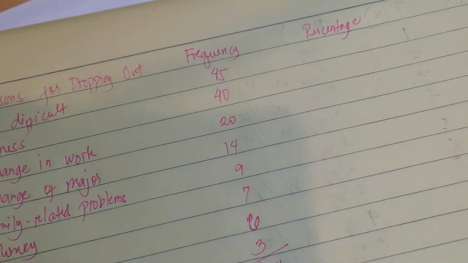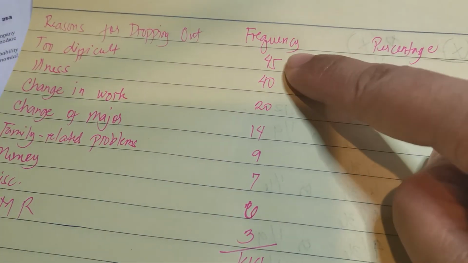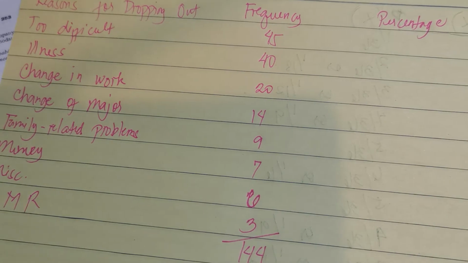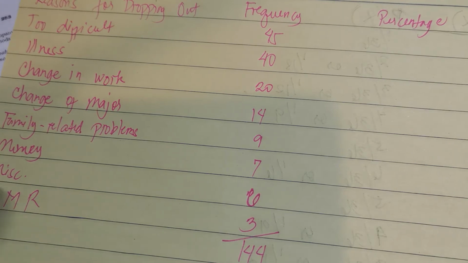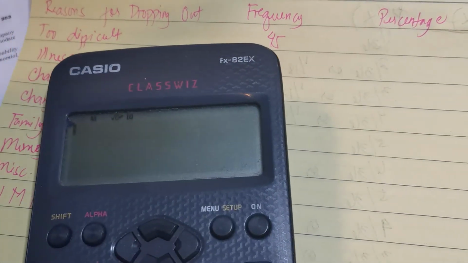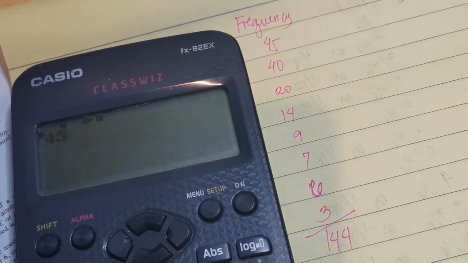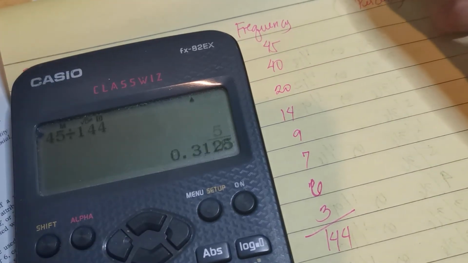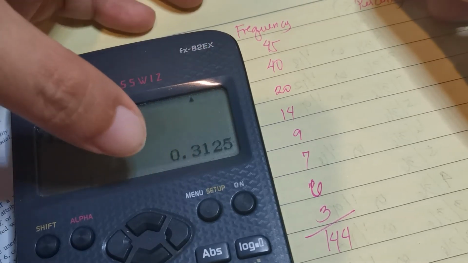How are we going to compute for the percentage? We're just going to divide each of these frequencies by the sum. Ayan. 45 divided by 144 is 5/16 or, so let us apply guys the rule for rounding numbers.